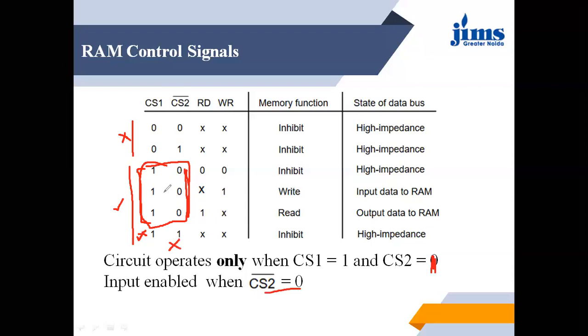So when these signals are 1 and 0, then this bus is in high impedance, or the circuit is in high impedance.